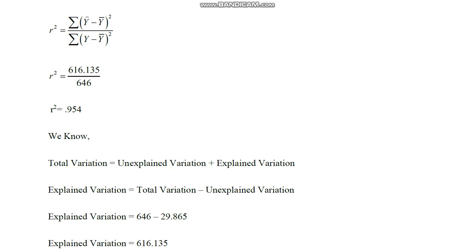We know the formula: total variation is equal to unexplained variation plus explained variation. So explained variation is equal to total variation minus unexplained variation. In this way we got the value of explained variation, put it here, and we get r square equal to 0.954. So we can use any method, the same result is found.